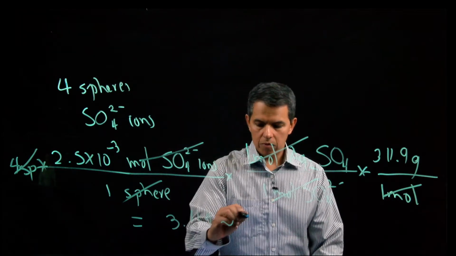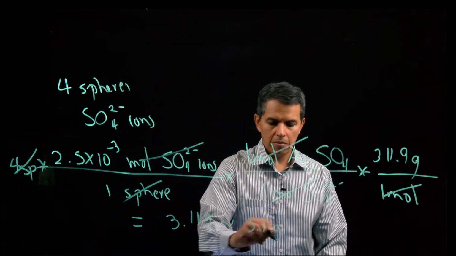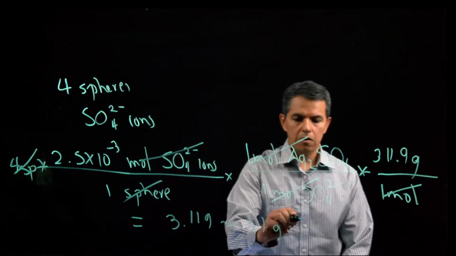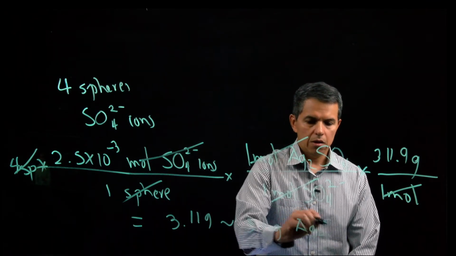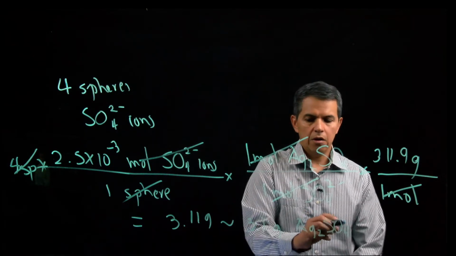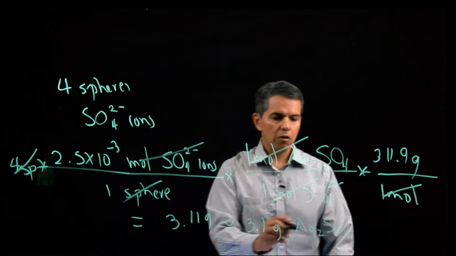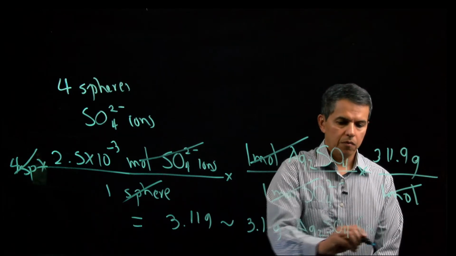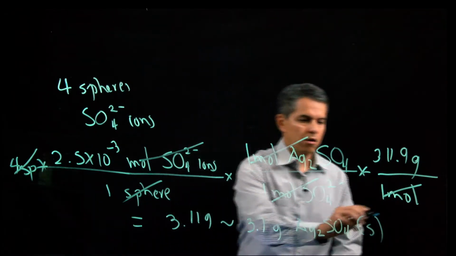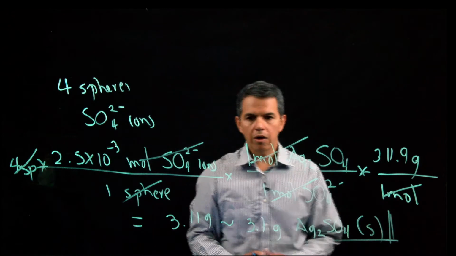We can round that up to 3.1 grams of silver sulfate, or 3.1 grams of solid. And this is the answer to the third part of this problem.